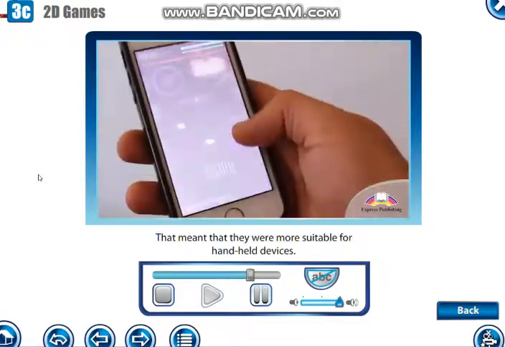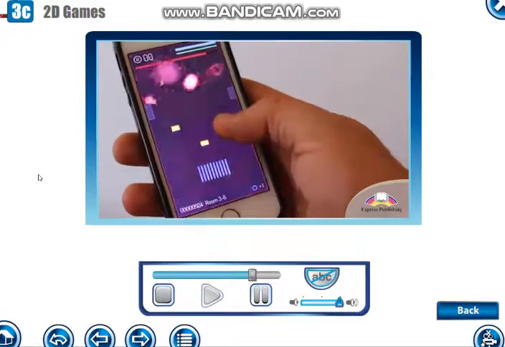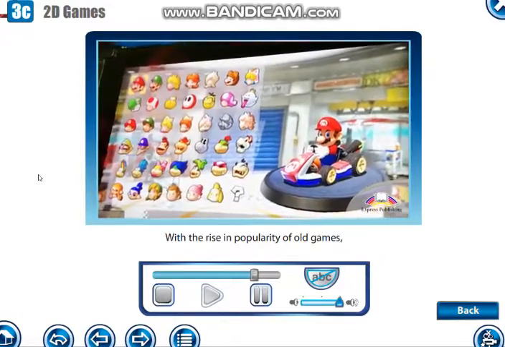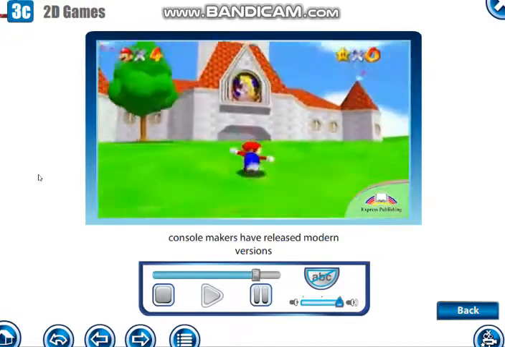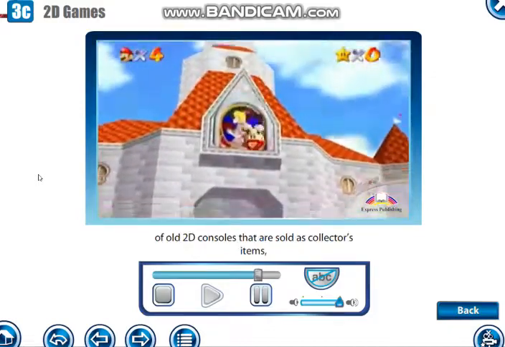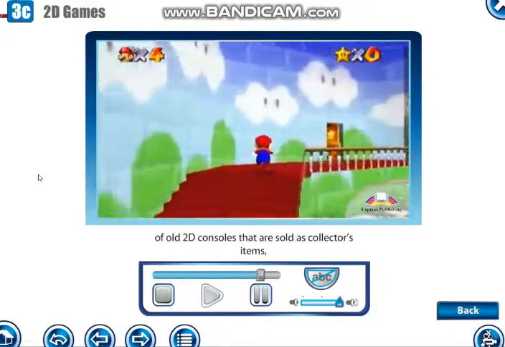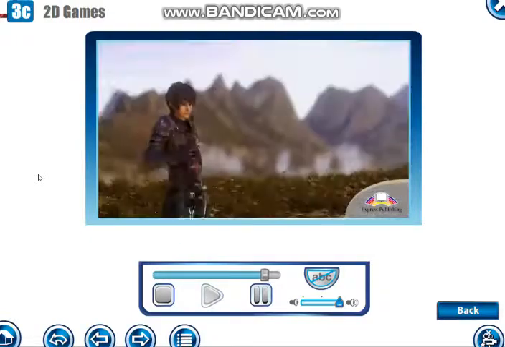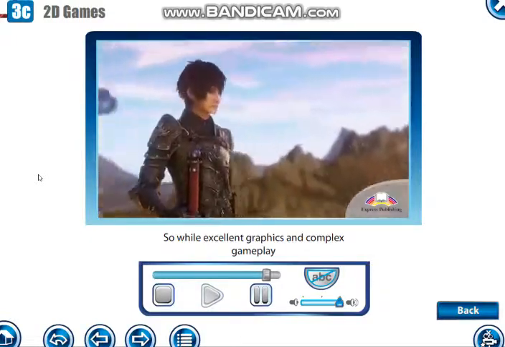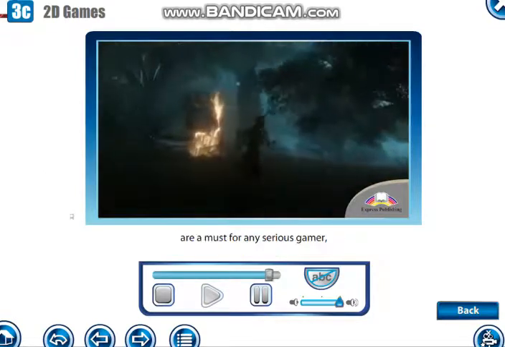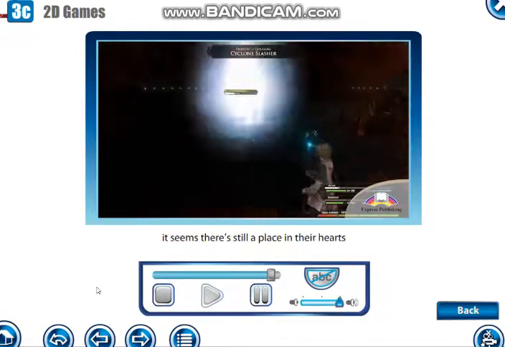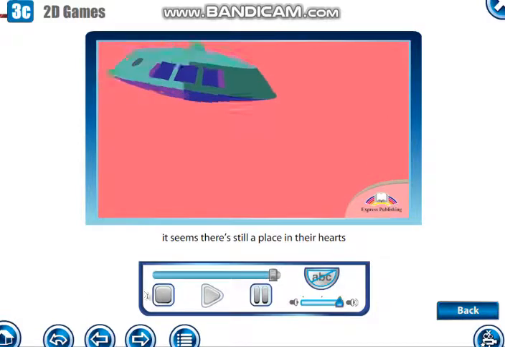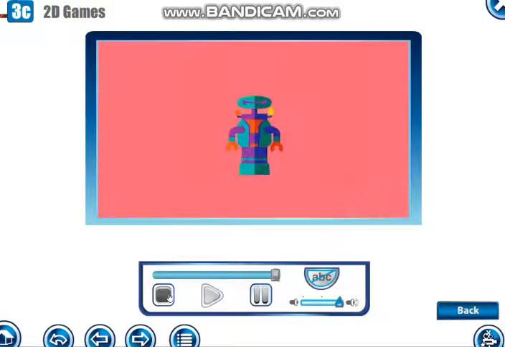That meant that they were more suitable for handheld devices. With the rise in popularity of old games, console makers have released modern versions of old 2D consoles that are sold as collector's items, and new games are still being produced. So, while excellent graphics and complex gameplay are a must for any serious gamer, it seems there's still a place in their hearts for simpler games of the past.